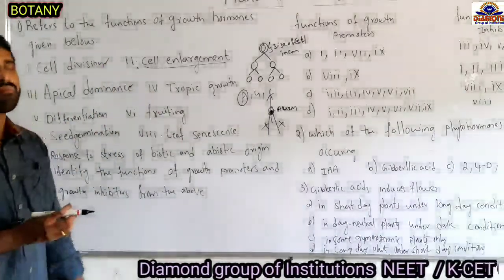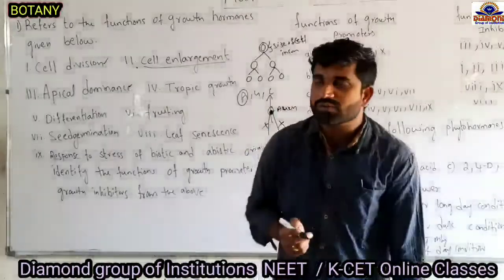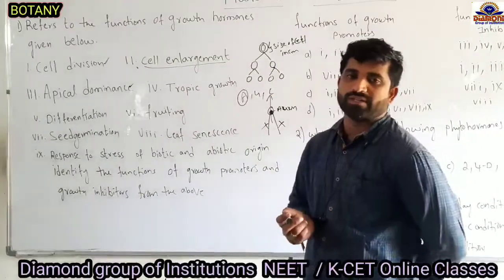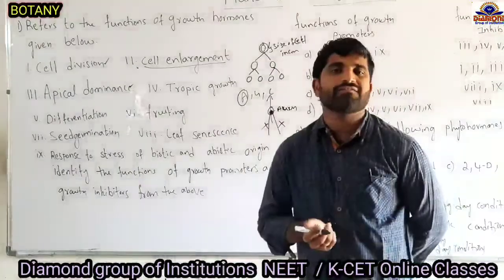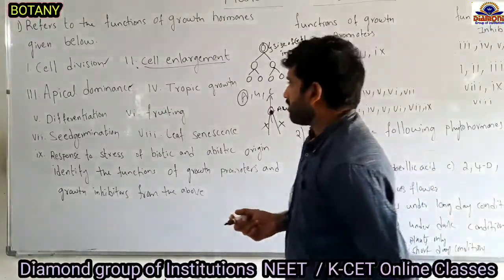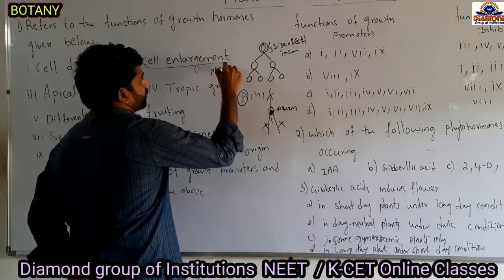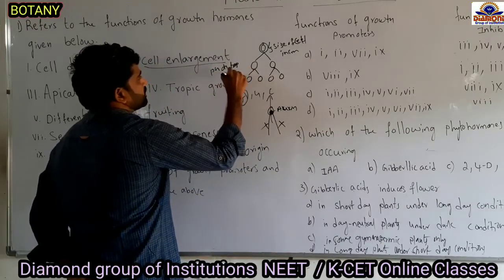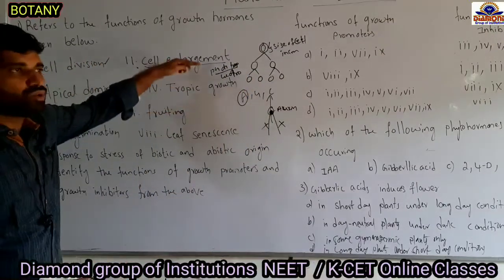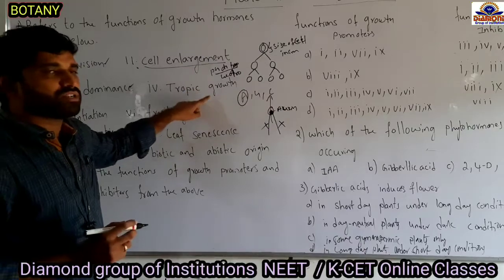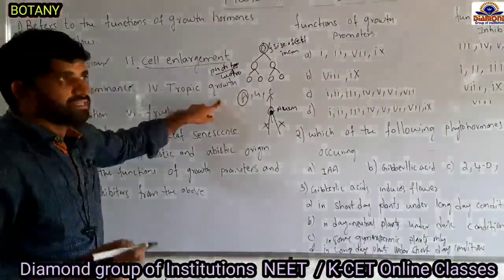Tropic growth. The plant shows different types of growth, that is, different movements. We also call them tropic movements. Growth of the plant can be induced by light and other factors. In tropic growth we have phototropism and geotropism. Phototropism means plants show growth or movement towards the light, and geotropism means plants show growth towards the soil.